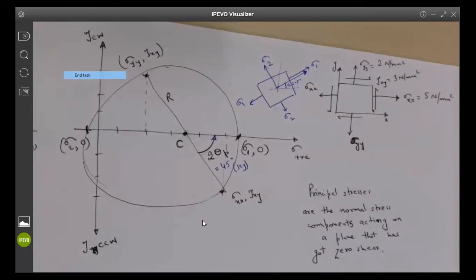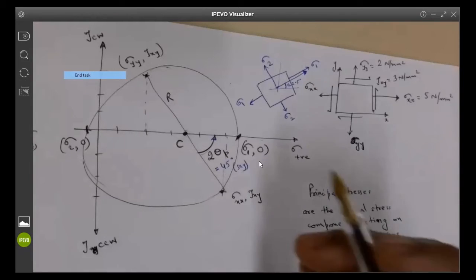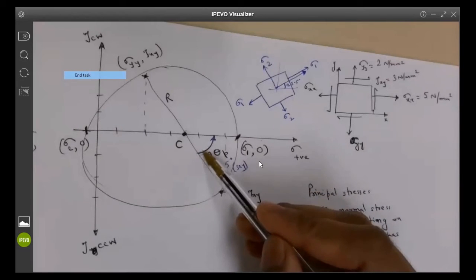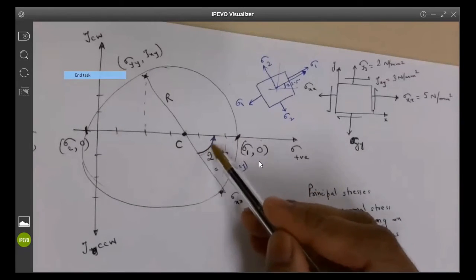Any questions on this? We had a student in chat ask if it's always rotating counterclockwise. So it depends on how you are defining this angle.